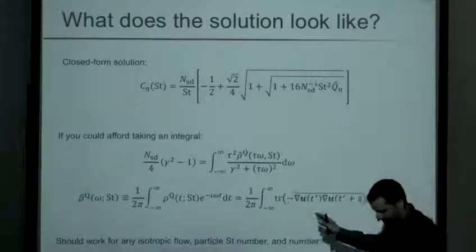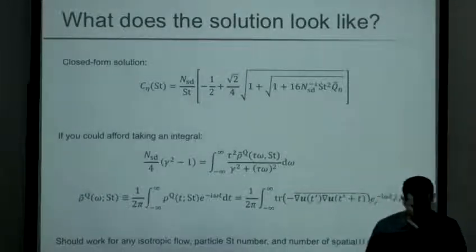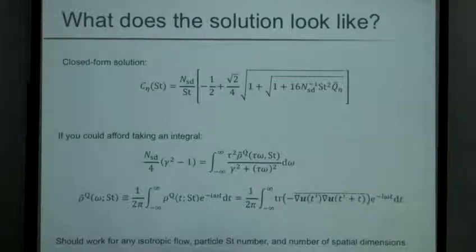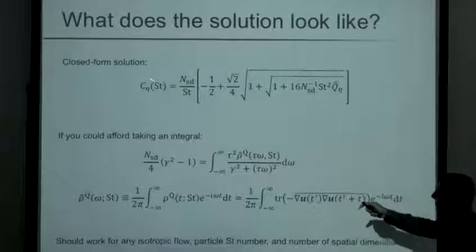There are a lot of symbols on this slide that I'm not going to explain every one of them, but I think the main takeaway message from this slide is that you could get a closed form solution.